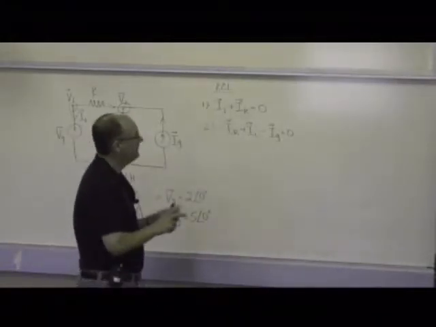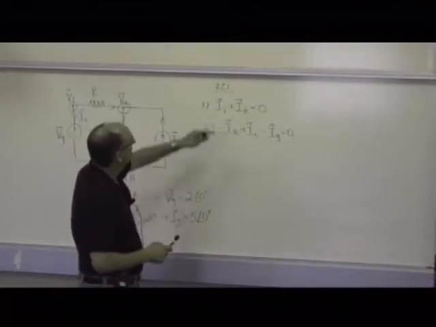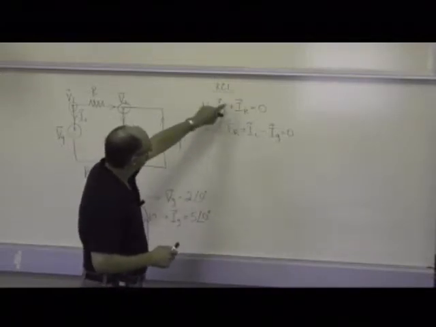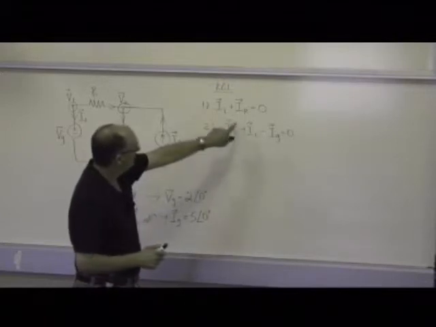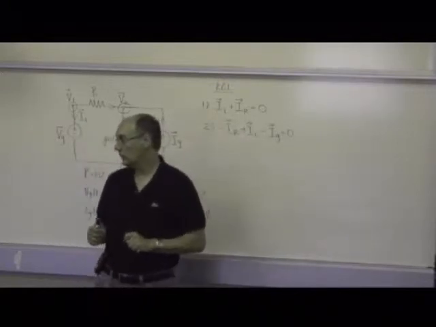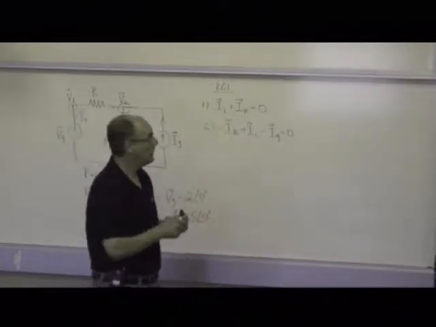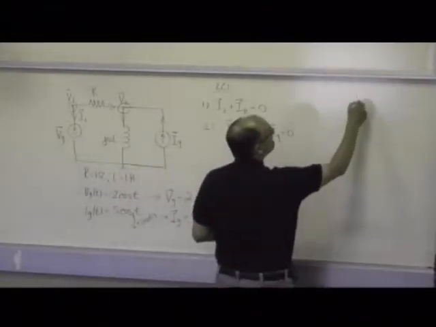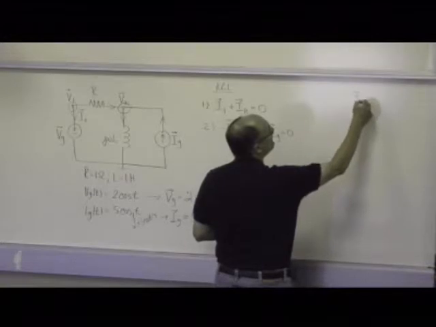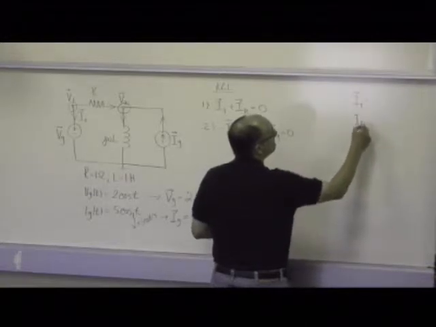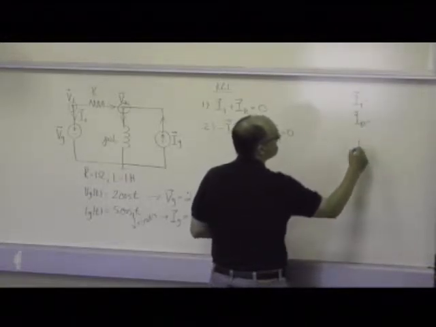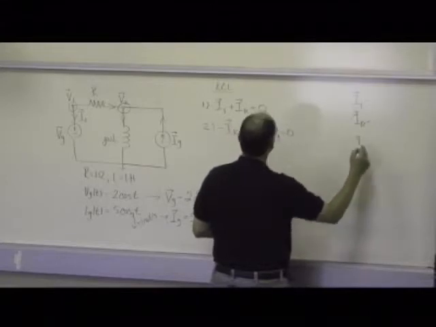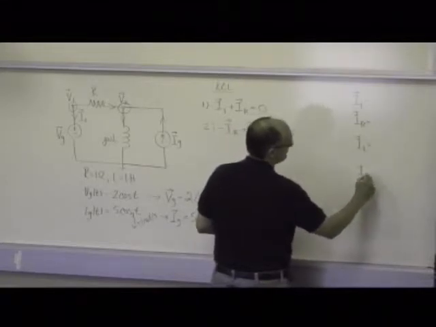Once I have that, my idea is to express each one of these currents, if I can, in terms of nodal voltages, either based on Ohm's law or something like that. So I'll line them up over here and see what I can do.